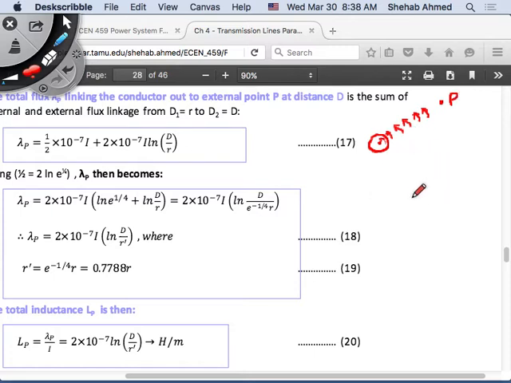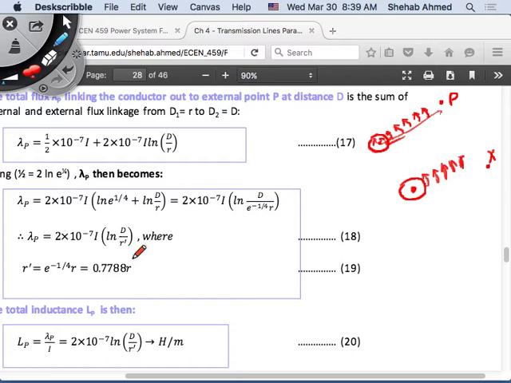If now I have another conductor here, what is the flux linking this conductor from its core to some point X in space? Assuming these don't see each other, assuming they're too far apart, it's the same as this. It's 2 times 10 to the minus 7 I natural log D, where D is the distance between the core and this point P in space, and R prime is the effective radius of the conductor, which is 0.7788 times the radius.